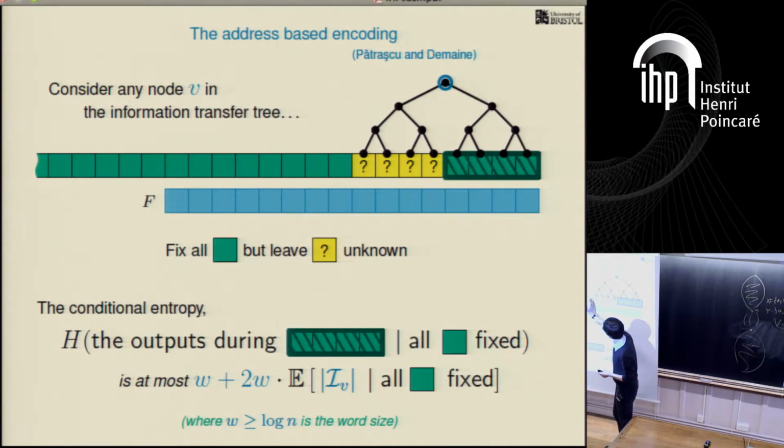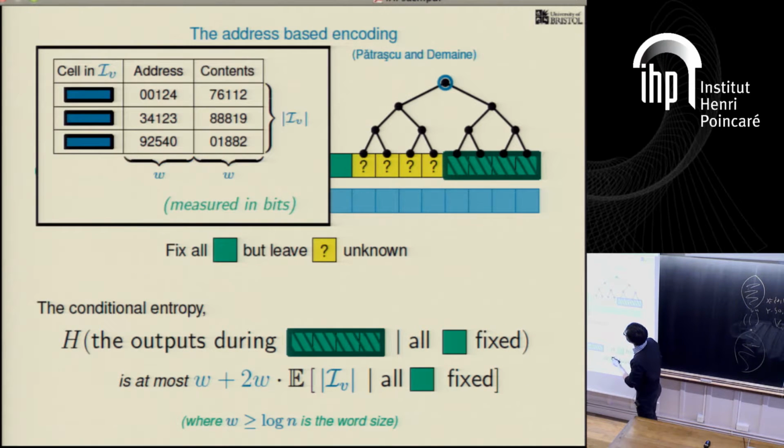I then jump completely over this point and then continue running the algorithm. So now when I'm running this algorithm and producing these outputs, sometimes when I need to probe cells, I need to know whether or not they were cells I wrote to in here or cells I wrote to over here. Fortunately, this is exactly what was encoded in this encoding. That's exactly the definition of the information transfer.